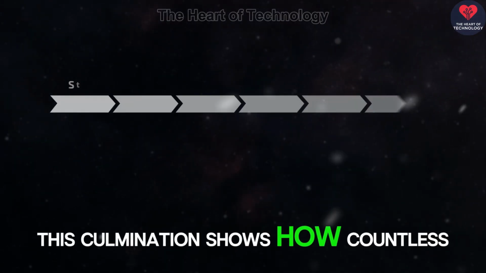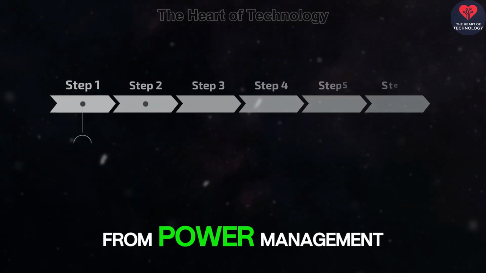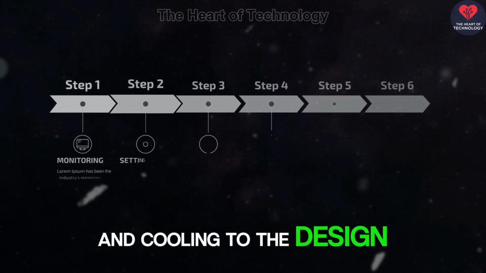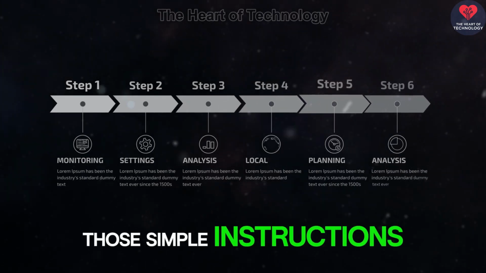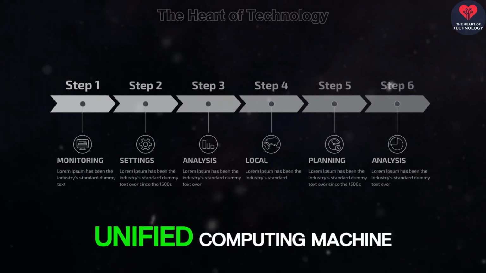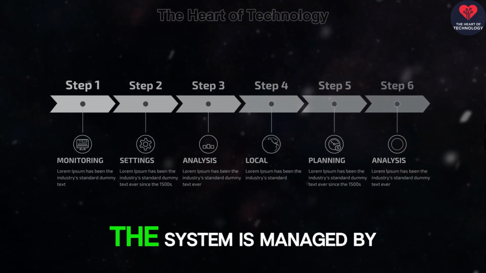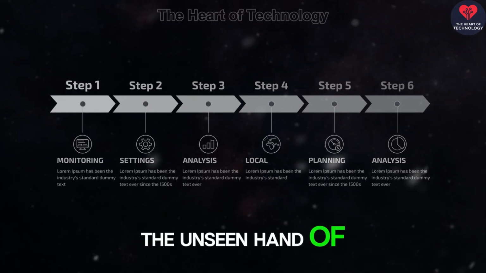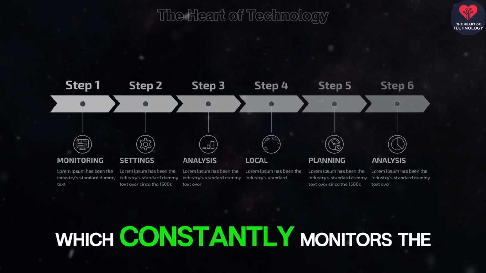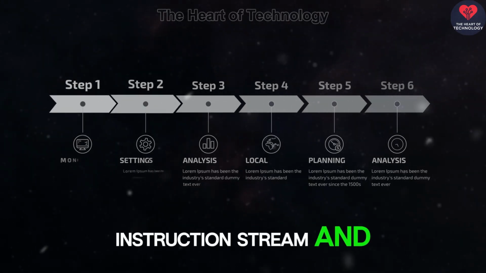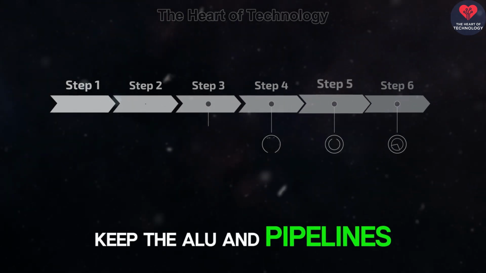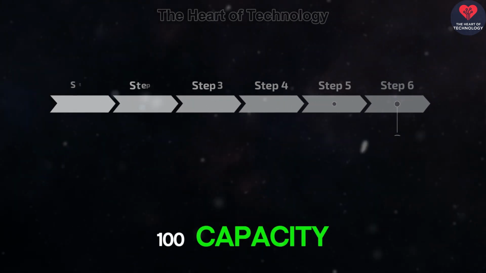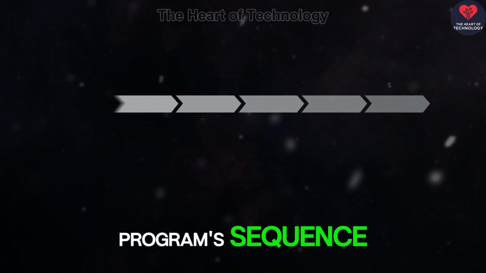This culmination shows how countless engineering decisions, from power management and cooling to the design of the compiler, the software that translates high-level code into those simple instructions, merge into a unified computing machine. The system is managed by the unseen hand of out-of-order execution, which constantly monitors the instruction stream and rearranges the instructions on the fly to keep the ALU and pipelines running at 100% capacity, regardless of the original program sequence.